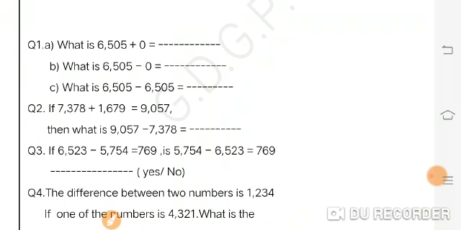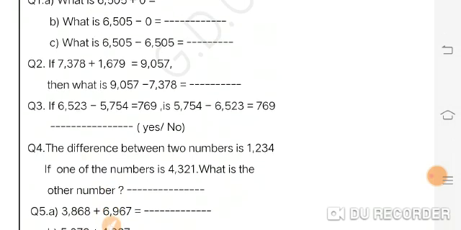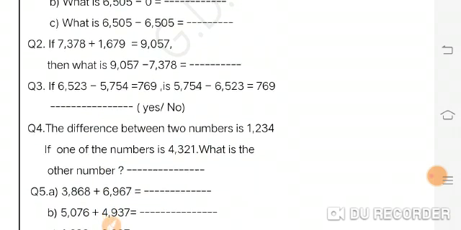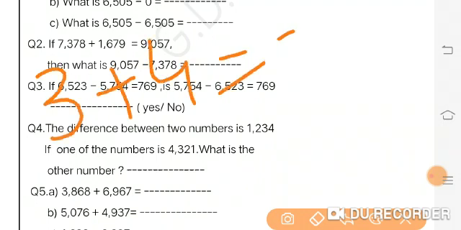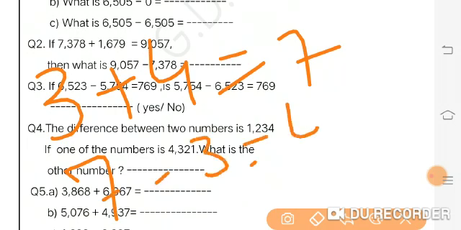Second is, if 7378 plus 1679 is 9057, then what is 9057 minus 7378? The question is like this: if we have 3 plus 4 is 7, then what is 7 minus 3? Of course it's 4. That means we get this number back, isn't it?